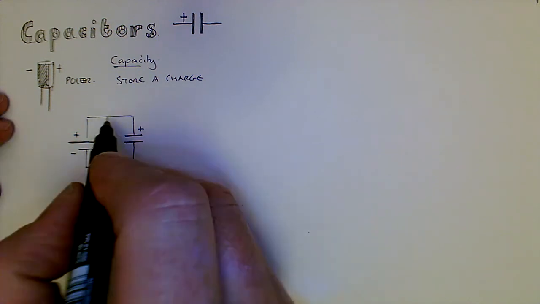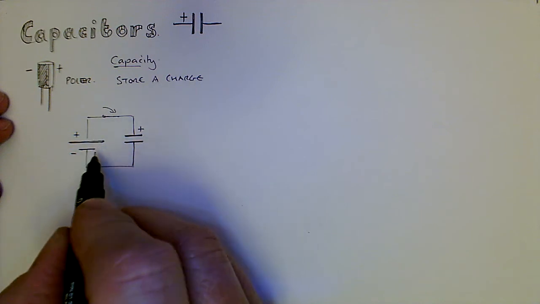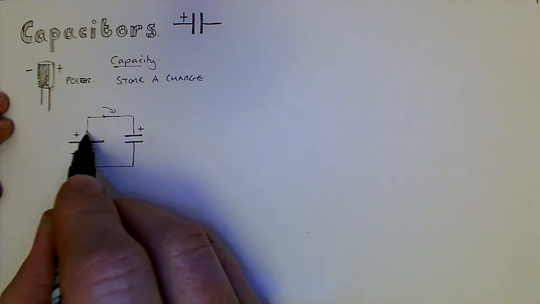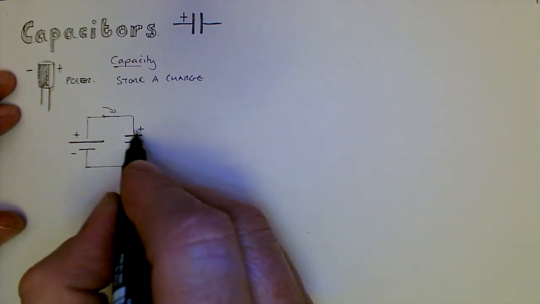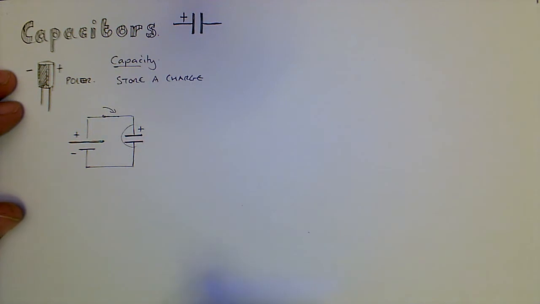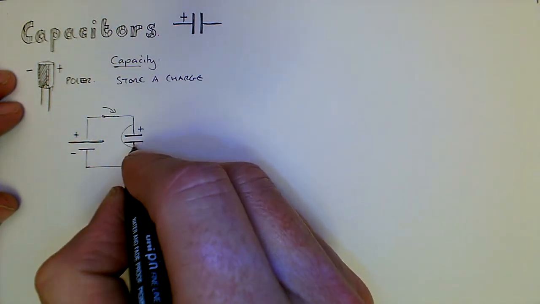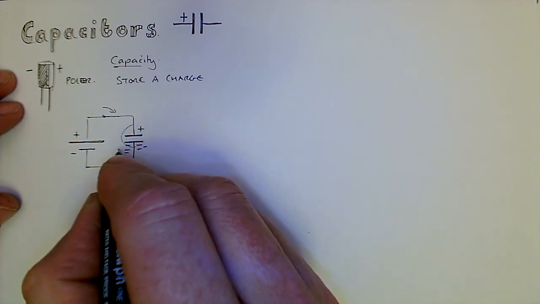Effectively what's happening is, if we imagine we had a switch here and you closed that switch, the electrons, the negative charge would flow to here and the positive charge would flow to here. So effectively what happens here is that we end up with a charge, a positive and negative collection, if you will. So draw a few electrons on here.